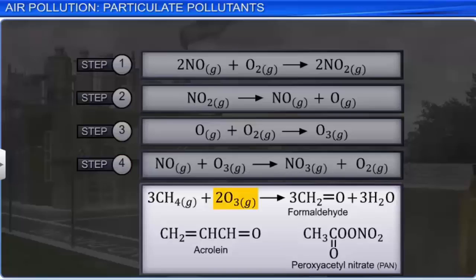Both nitrogen dioxide and ozone can react with unburnt hydrocarbons to form chemicals such as formaldehyde, acrolein and peroxyacetyl nitrate.